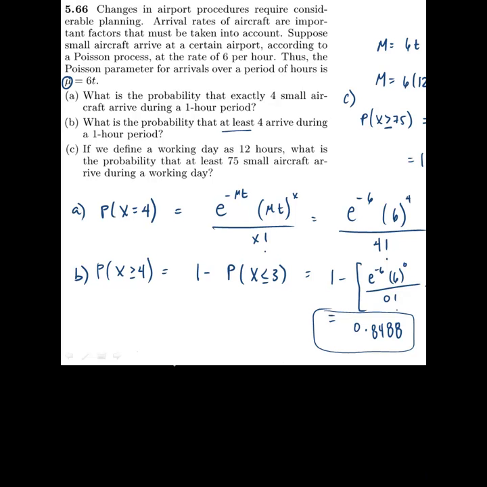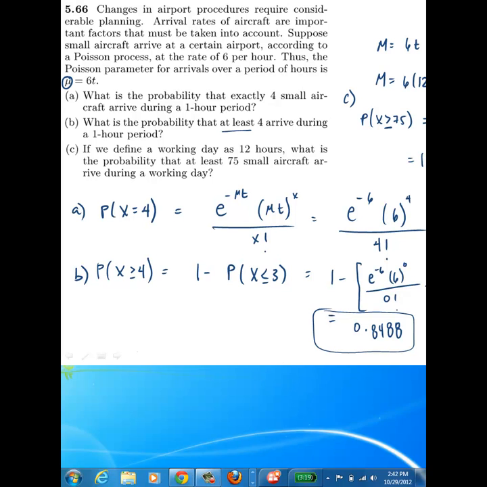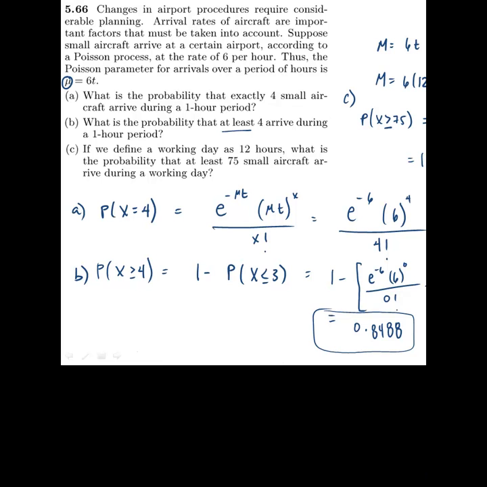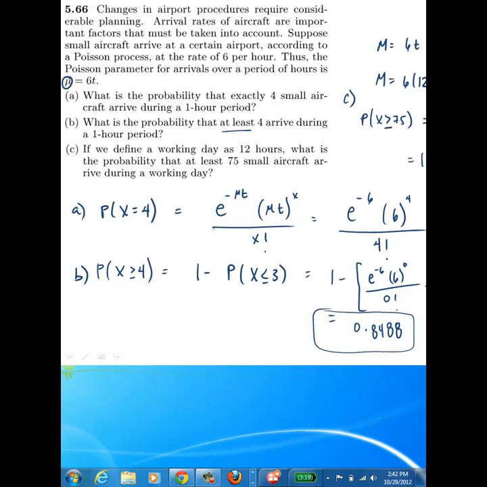Most likely I'm not going to ask you something like this, but for the purpose of the example, you can put the sum up to 74 of e to the minus mu T, mu T to the x over x factorial. This is the expression for this.